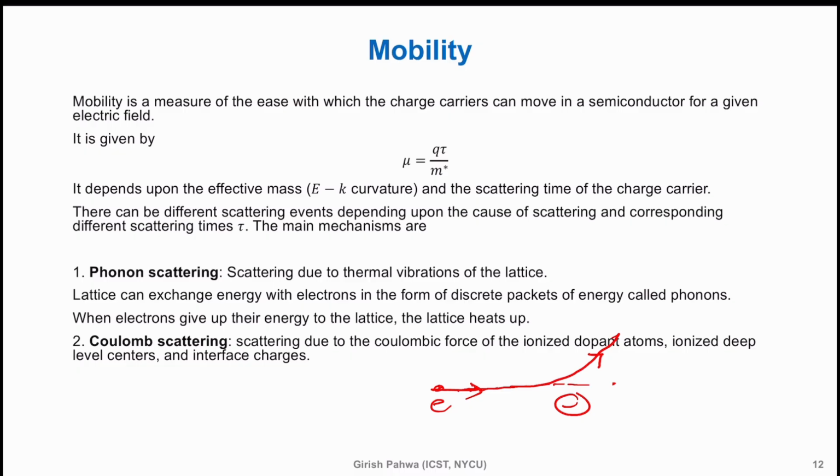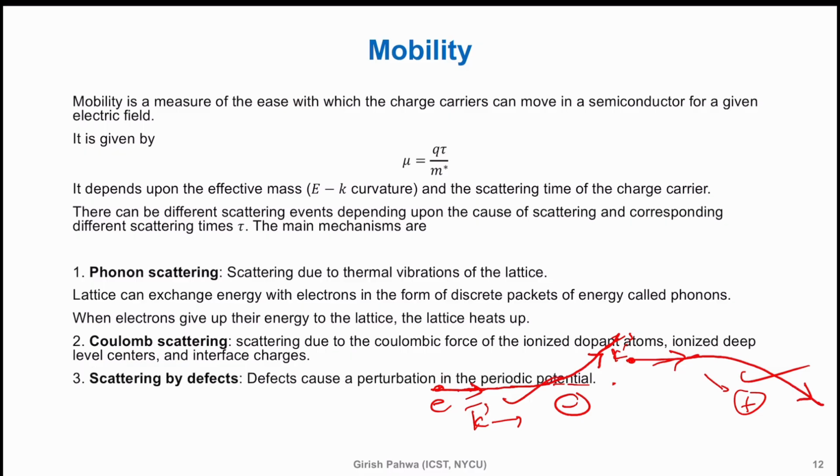No. If it has some speed, its trajectory will be something like this. If the electron is moving close by, the charge will try to attract it, so its trajectory can be something like this. Both of them are getting scattered. Its k vector was in this direction, now it is k dash. So this is the Coulombic scattering.